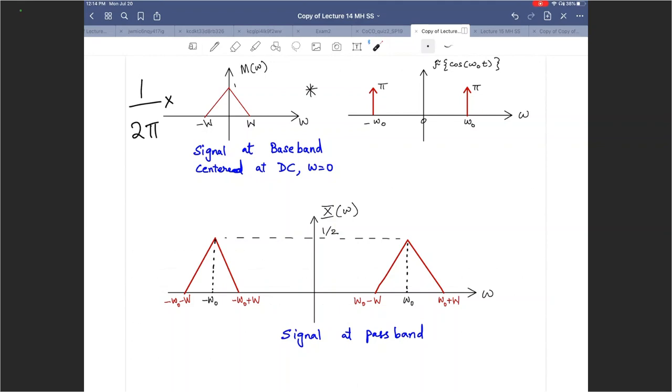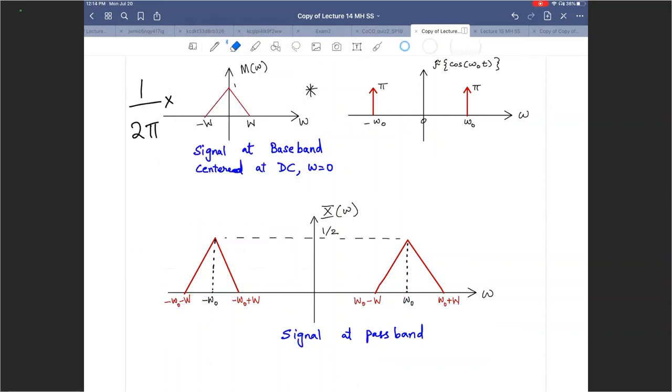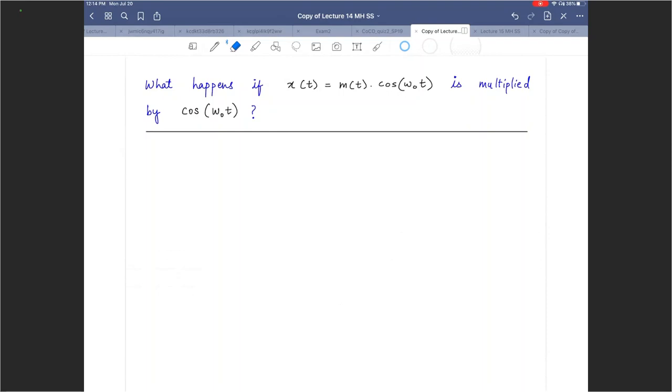This guy is going to move up and down in frequency, and this guy is also going to move up and down in frequency. Half of each piece will move up and down on both sides, which will result in something like this. I have my x-axis over here.